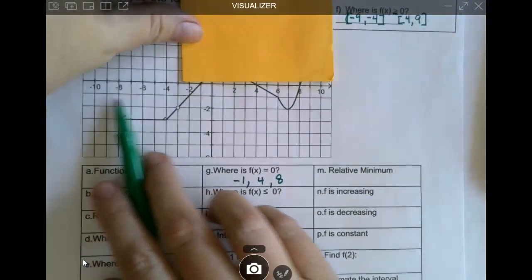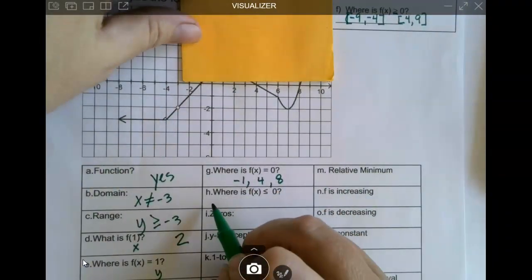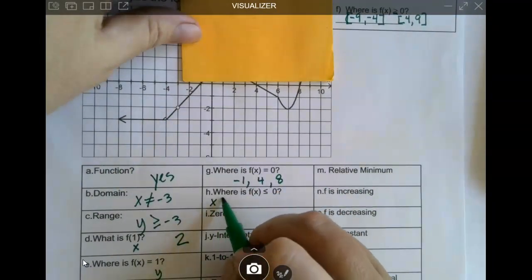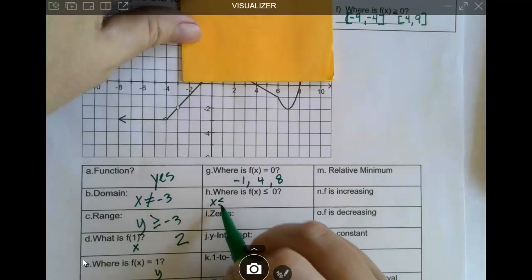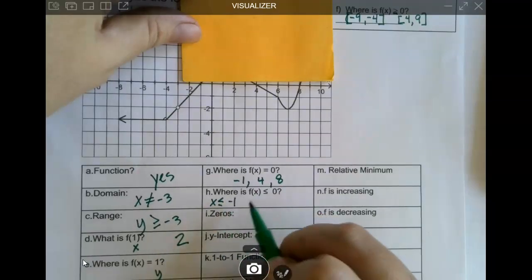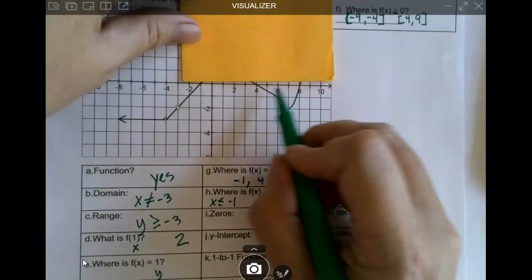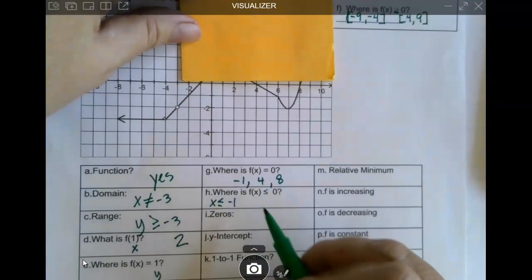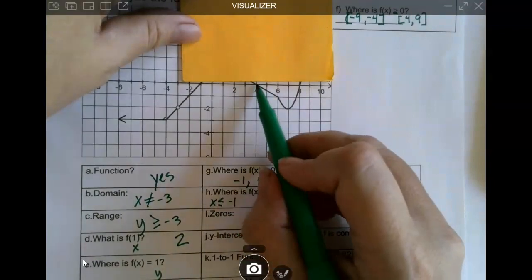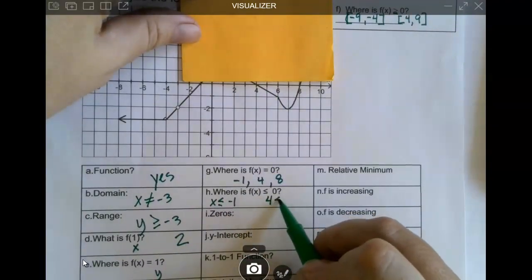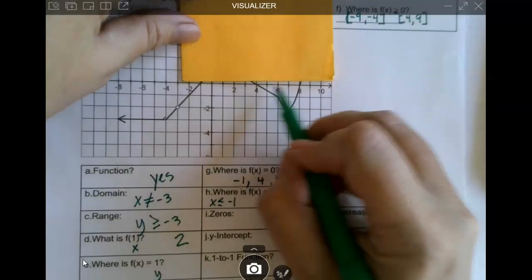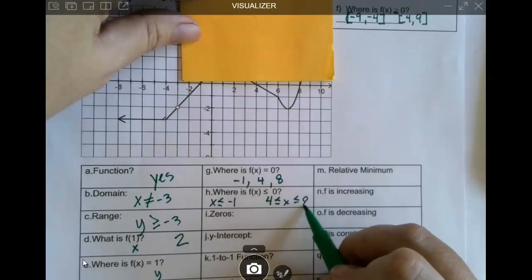So it's everything on this side of -1, so where x is less than or equal to -1, and from here to here. So this section is, I'm going to write this in my inequality notation from 4 all the way to 8.